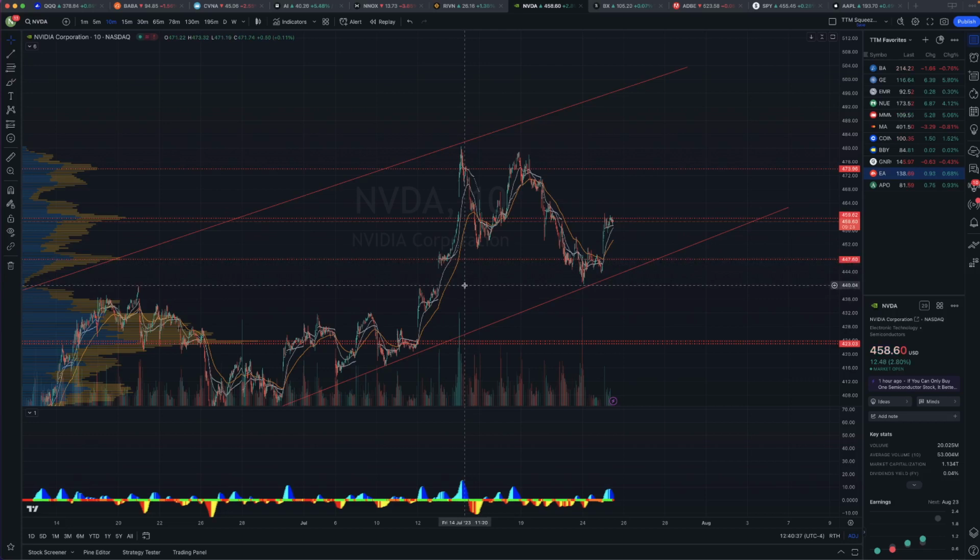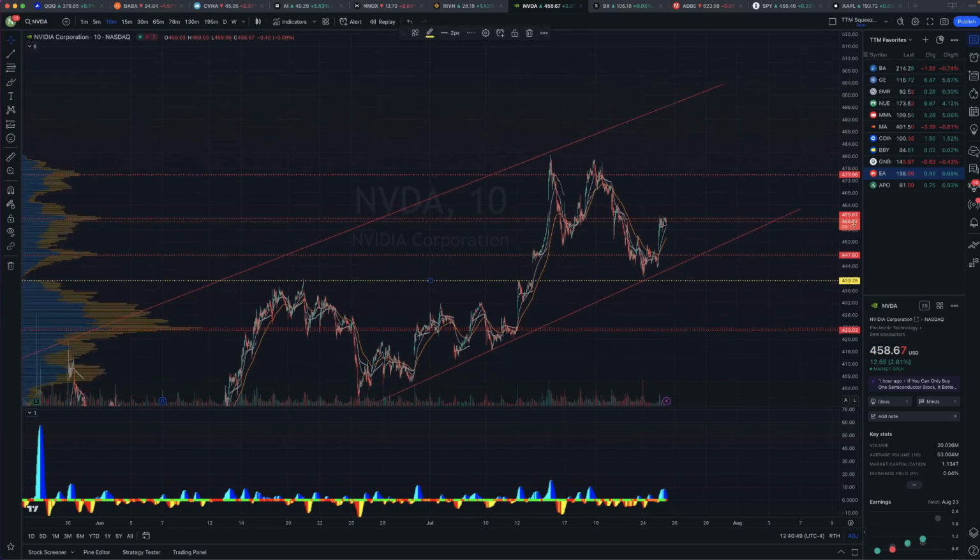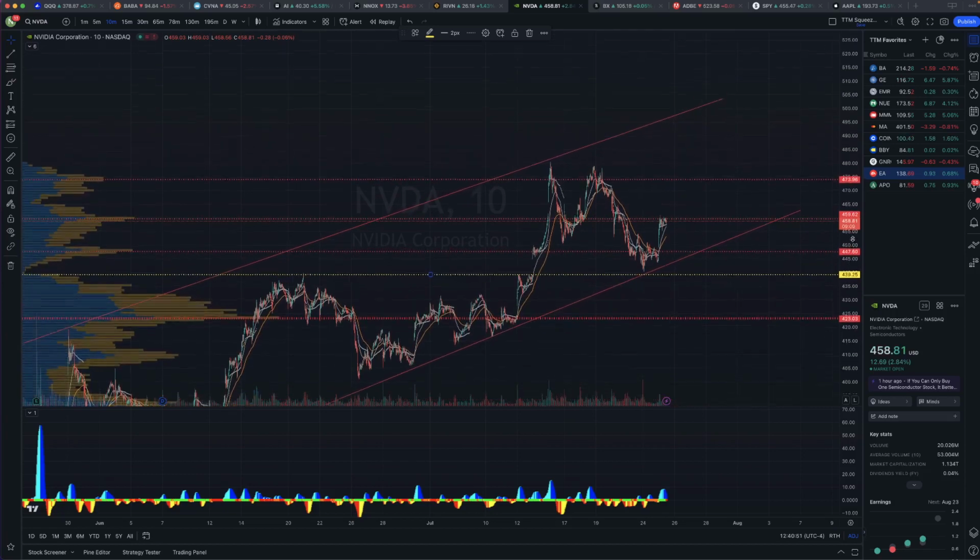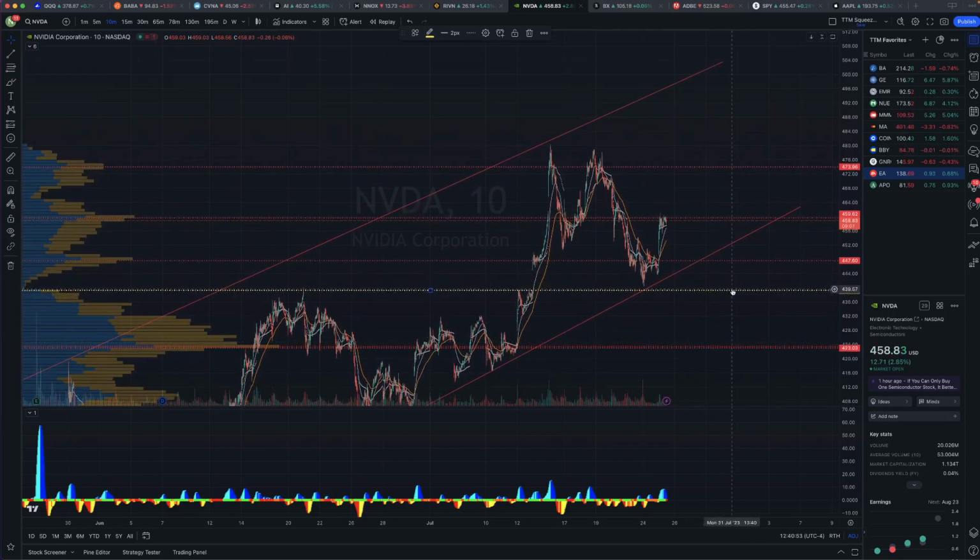And actually we'll probably find, those are some levels, but here, within the current pattern, below, that's the value area high. So you'd probably see some support there as well at 439.57.